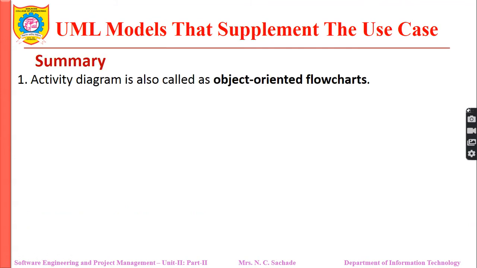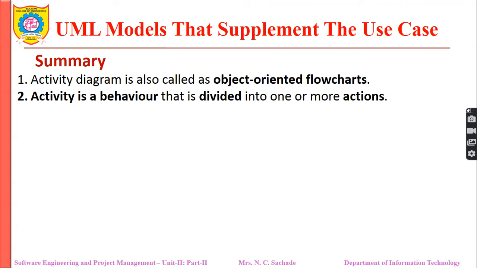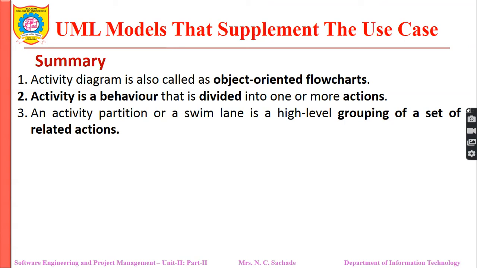To summarize, activity diagram is also called an object oriented flow chart. An activity is a behavior that is divided into one or more actions. An activity partition or a swim lane is a high level grouping of a set of related actions. I hope you remember we saw a notation when we were talking about activity diagram notation.